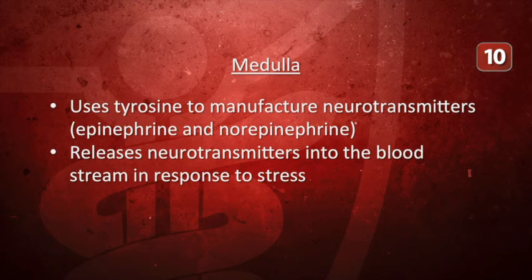Norepinephrine and epinephrine, which are classified as catecholamines, bind to adrenergic receptors on the plasma membranes of many cell types and cause sympathetic responses such as increased heart rate and pupillary dilation.